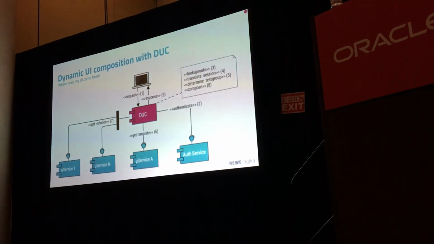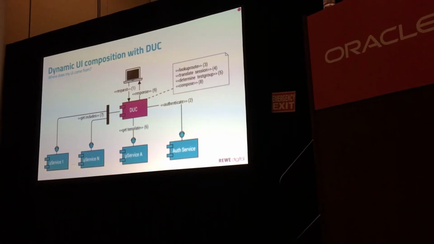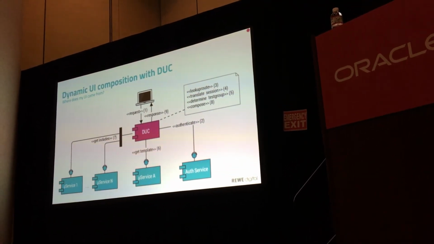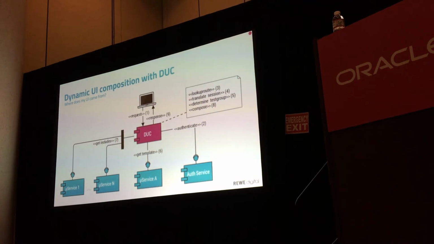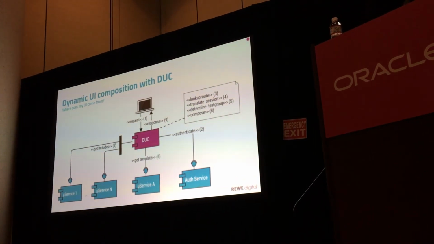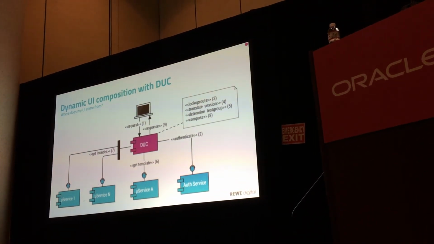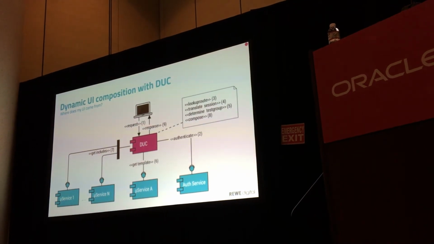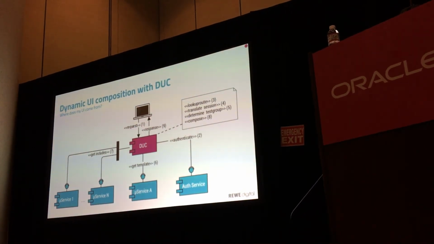So what we came up with is something we call dynamic UI composition, and it solves those problems. When you go through it, you see the request coming from the web browser, entering this gateway component, we call it DUC.